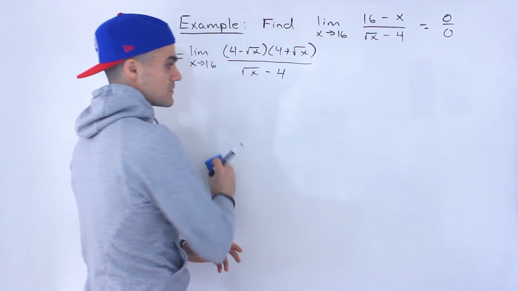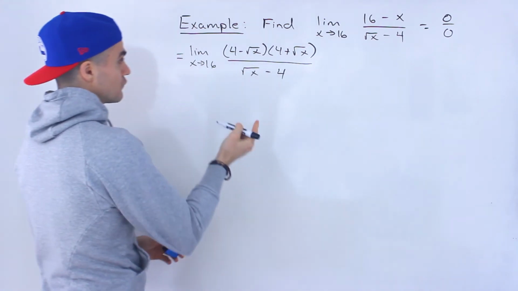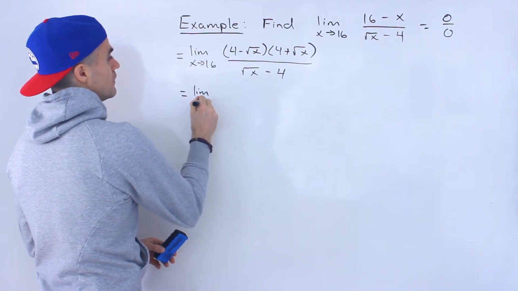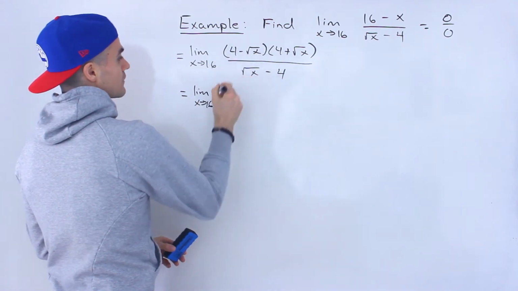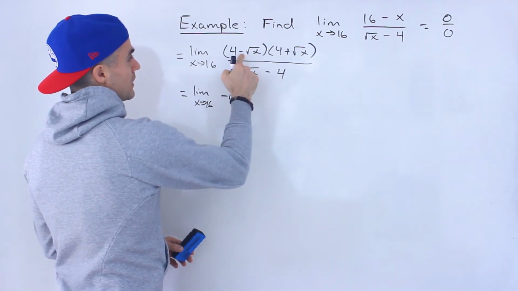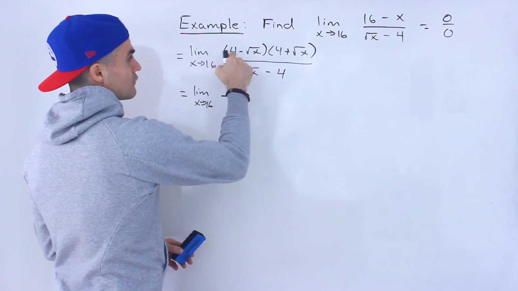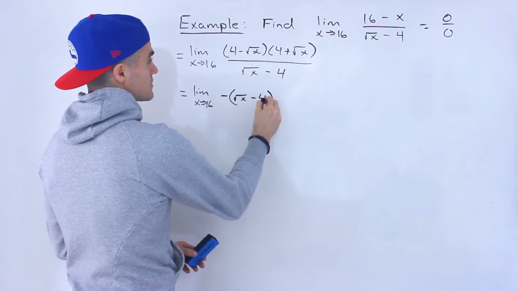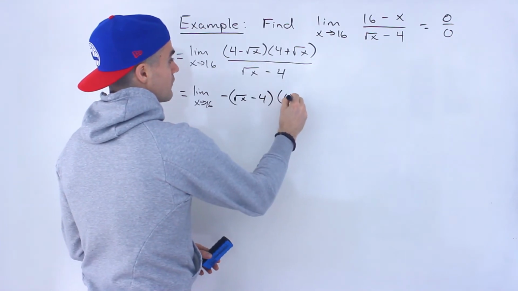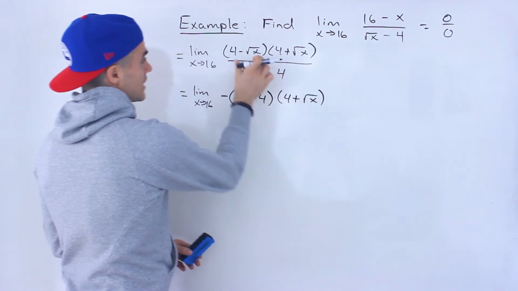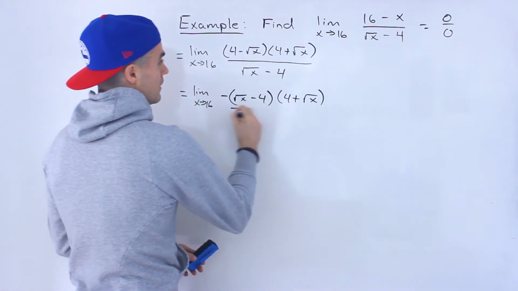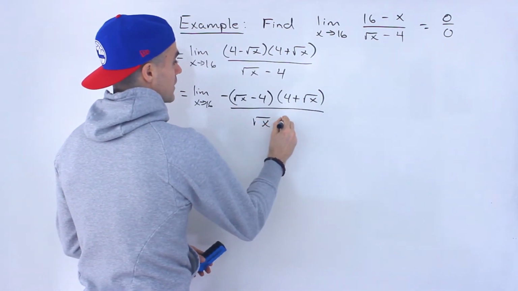But we can make them the same by factoring out a negative from either one. So I'm going to take out a negative from this factor, so the signs would change. We'd end up having negative root x minus 4, which is the same as root x minus 4. And over here, we would still have that 4 plus root x. Remember, we're only taking out a negative from this factor, all over root x minus 4.